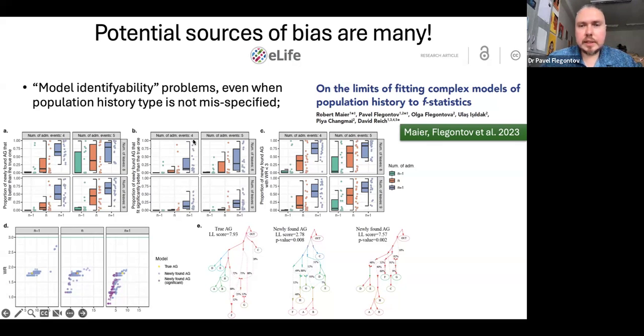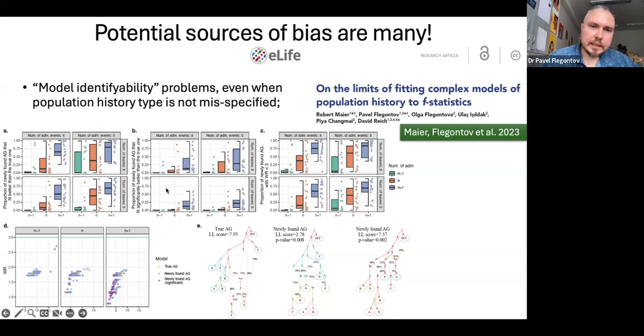For example, here we explore on simulated data in this paper, and on real data too, if we can uniquely find a best informative model of history with admixture graph fitting. So we try to run a search of the space of all possible admixture graphs using a certain model fit metric, and also comparing these model fits using bootstrap.